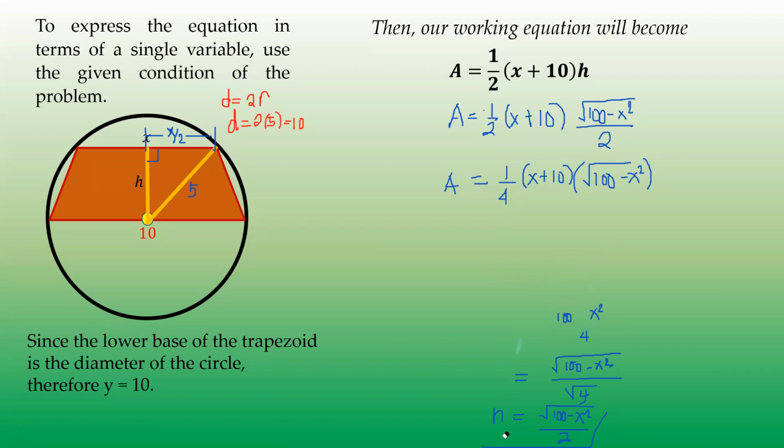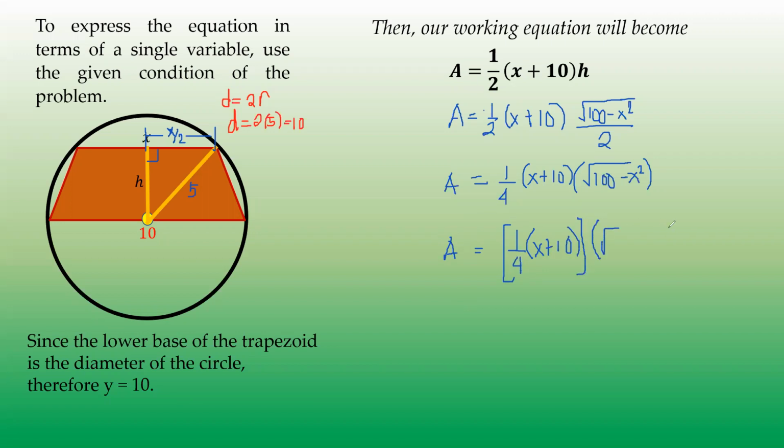Okay, alis natin yung part na to. Or, pwede mo siya i-express as product of two functions na lang. Sama natin sa 1/4 kay x plus 10. Kaya magiging area is now equal to 1/4 of x plus 10 and square root of 100 minus x squared.